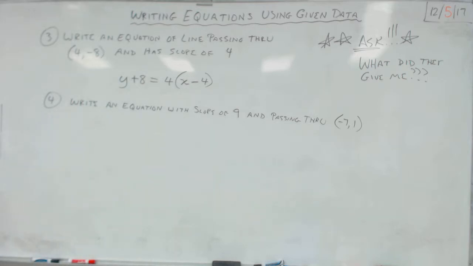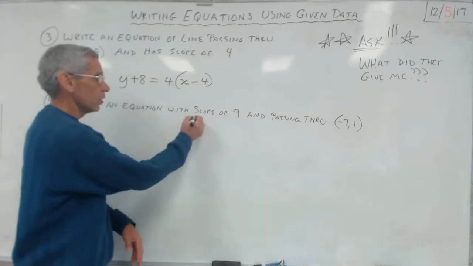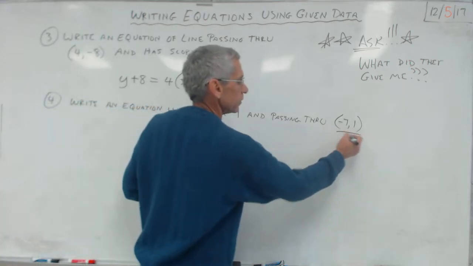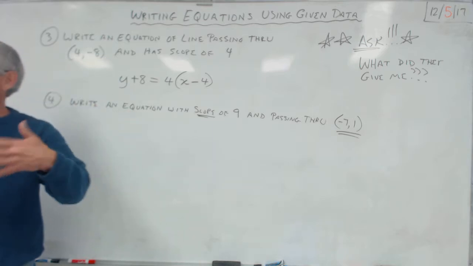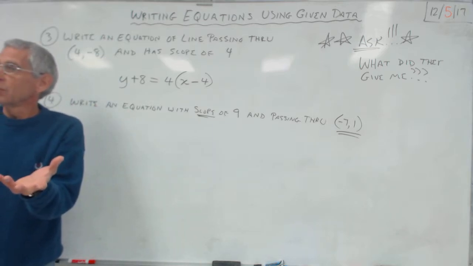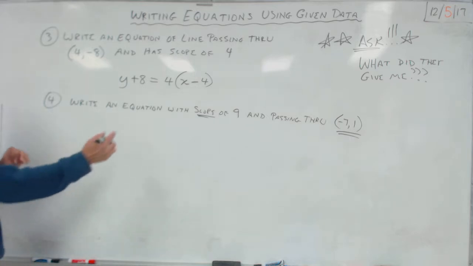A question with Logan: what did they give me? A slope, 9. What else did they give us? A point. So what equation would you use? Point slope, right? Okay.